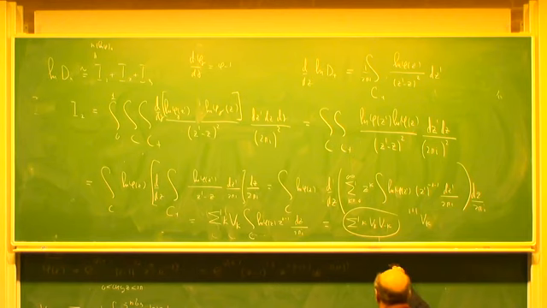I assume that, as before, this is cut for z plus and this is cut for z minus 1. So the functions are fixed by this; that's how they are defined.